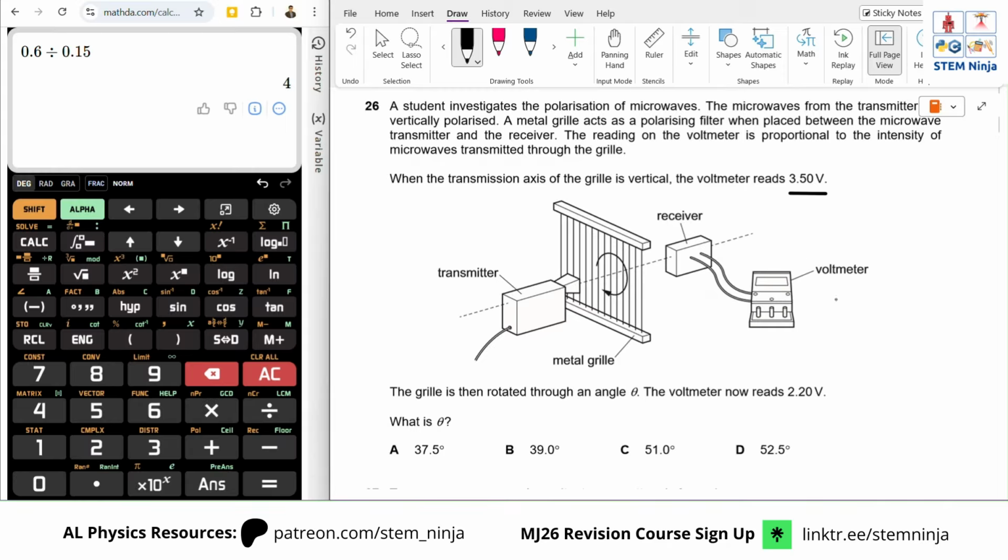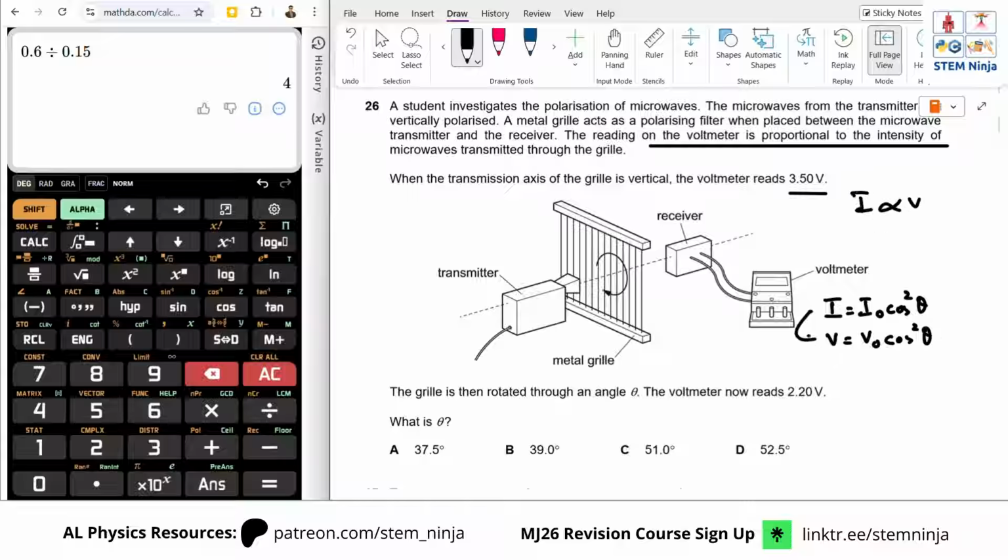Okay, what is theta? So basically, you have I naught cos squared theta. Now the reading on the voltmeter is proportional to the intensity. So this will have the same relationship as this one. You establish the proportionality, and this will lead to this. So you have now 2.2, starting value was 3.5, cos squared theta.